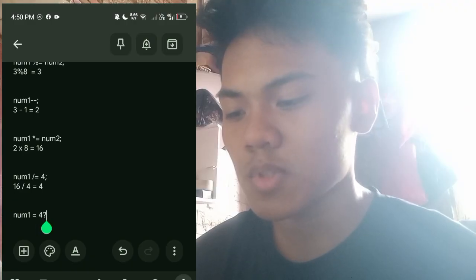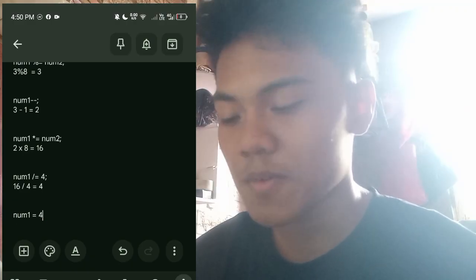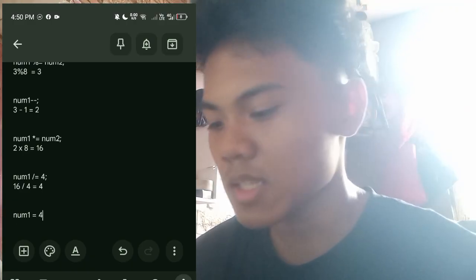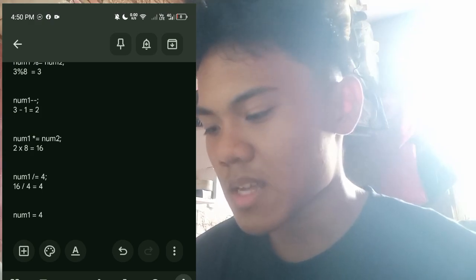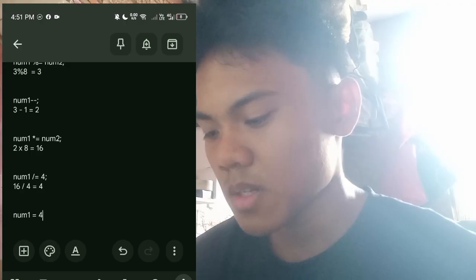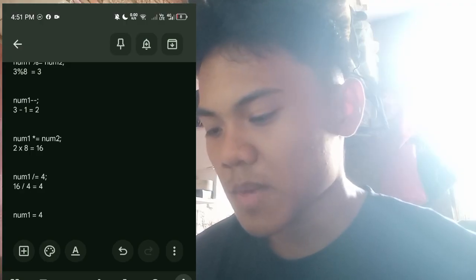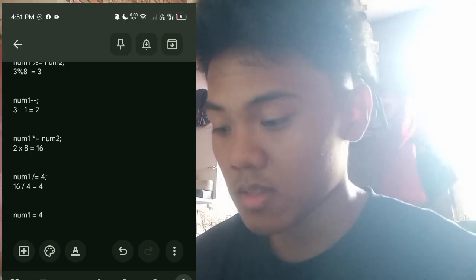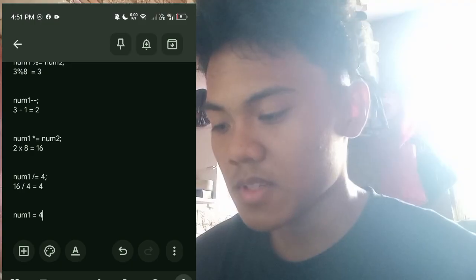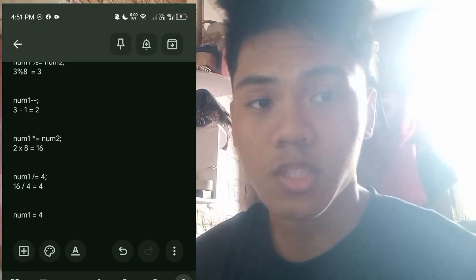Then that 2 will be put in here for another multiplication. You put the final product of the other step here, which is 2, then the value of num2, which is still 8. Then you have 2 times 8 equals 16.